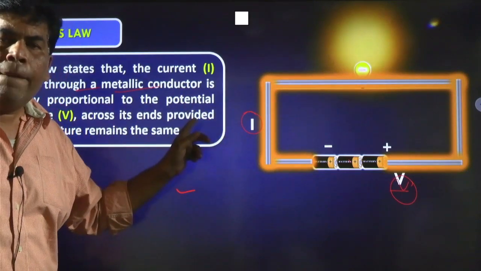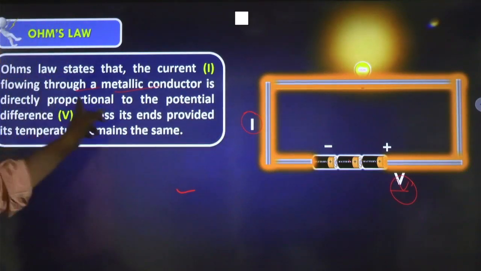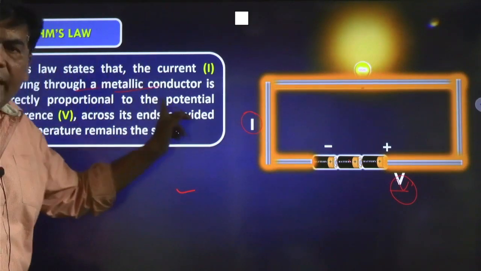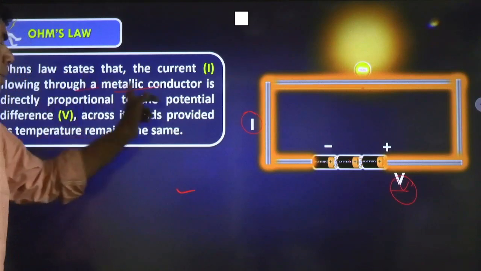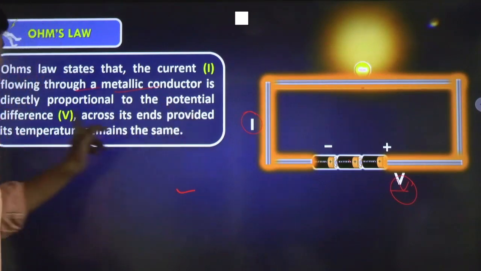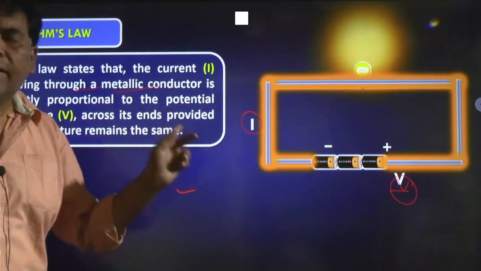They are directly proportional to each other. The current flowing through a metallic conductor is directly proportional to the potential difference V across its ends, provided its temperature remains the same.